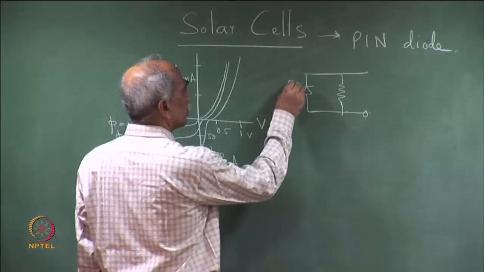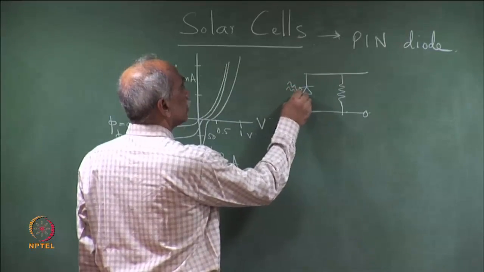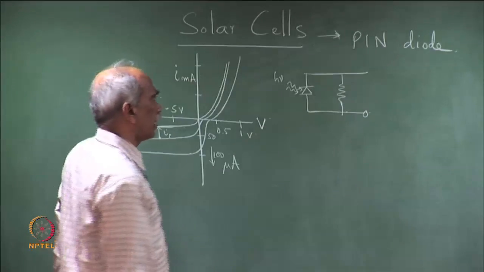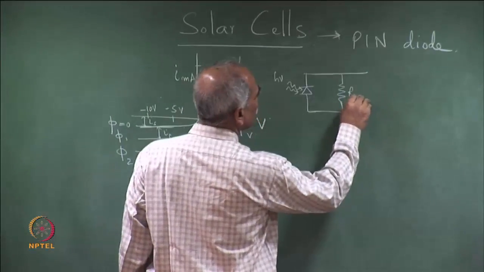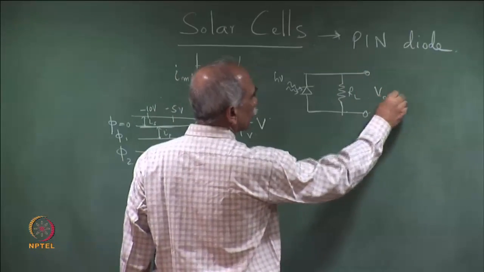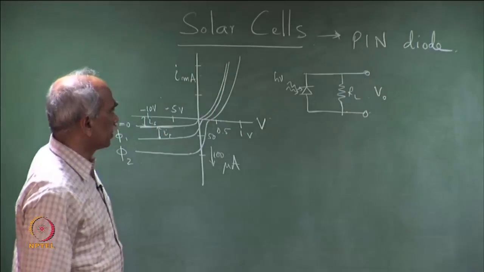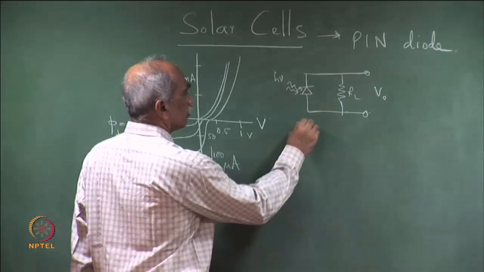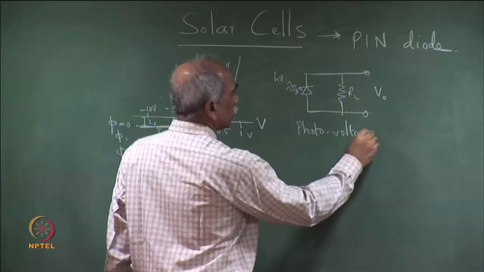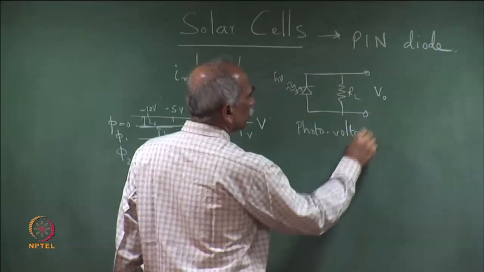The photon flux is incident on the photodiode, and there is a load resistance to be chosen appropriately, and we have an output voltage V_out. So, this is the photovoltaic mode, photo generated voltage.